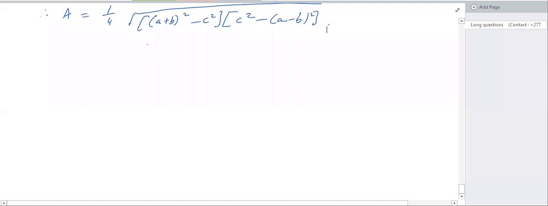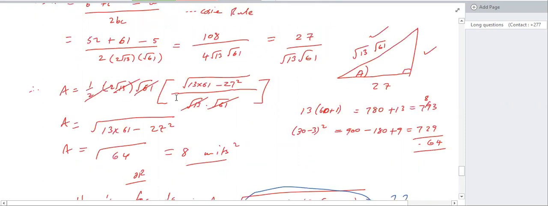Now, let us apply this formula here. So what we can say here is that quarter into, let me just write this to the power half, which is the same as the square root of. So what we have is A plus B all squared minus C squared. So what's A plus B? A is the square root of 5, B was 2 root 13, squared, minus C squared, which is, C squared was 61.